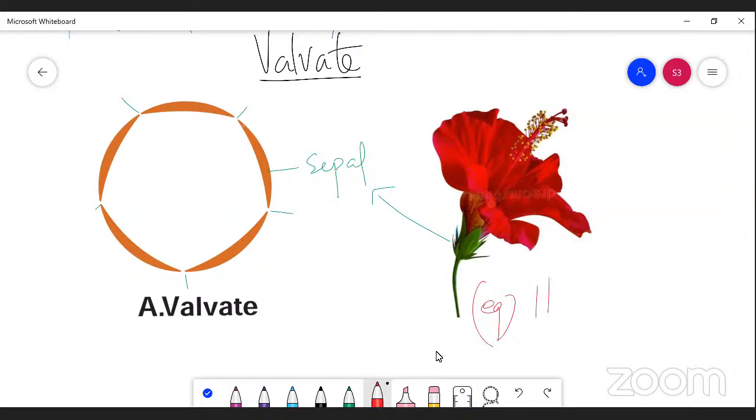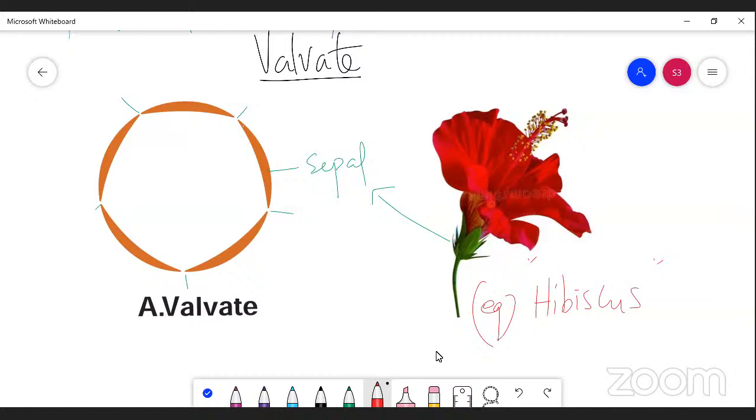That is a valvate distribution. In Hibiscus rosa-sinensis, what are sepals? The green part of the flower is known as a sepal, arranged in this manner, right? So that is called the valvate distribution.